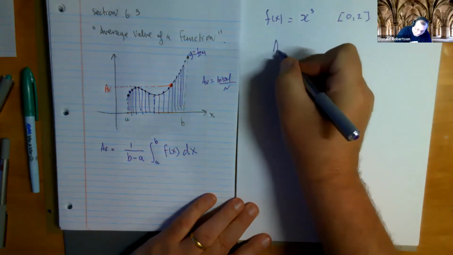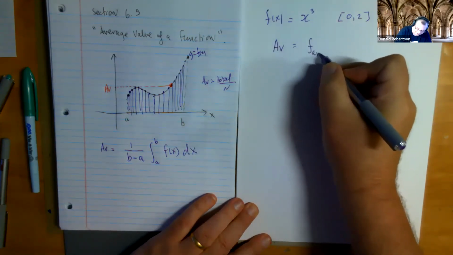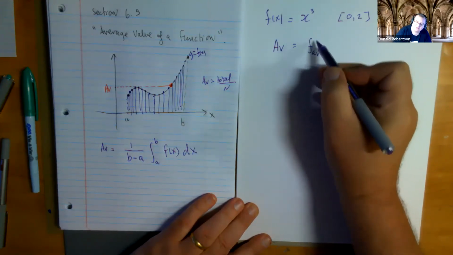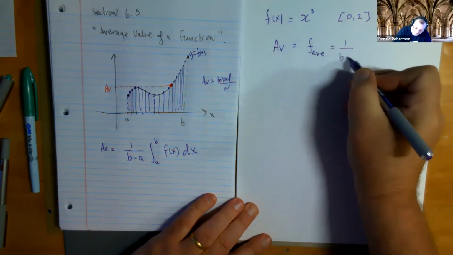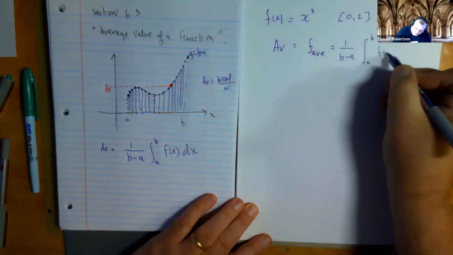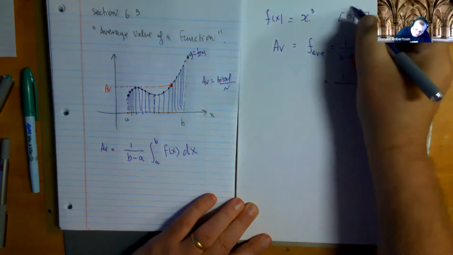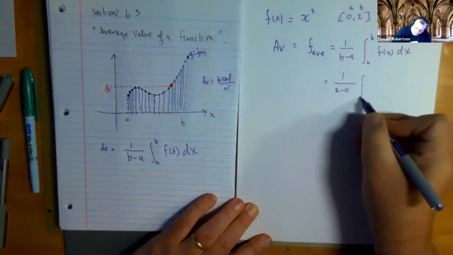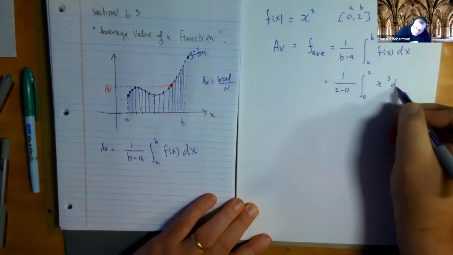Let me show you some new notation: f av, the average of the function. It's 1 over b take away a, the integral from a to b of whatever f of x is, dx. So in this case, a to b is 0 to 2. The integral from 0 to 2 of x cubed dx.